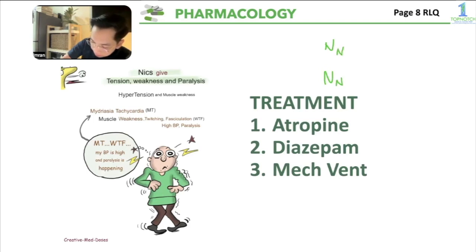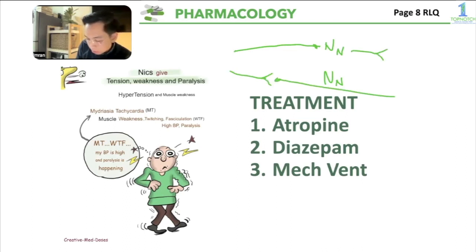Remember that your nicotine receptors, di ba, are found where? NN sa ganglion, di ba? If you recall, yung ating ganyan kanina, tsaka ito. So, NN. Okay? So, nandun sila sa ganglion. Ibig sabihin, guys, no, ang nicotinic neural natin, meron siya sa parasympathetic, meron din siya sa sympathetic.